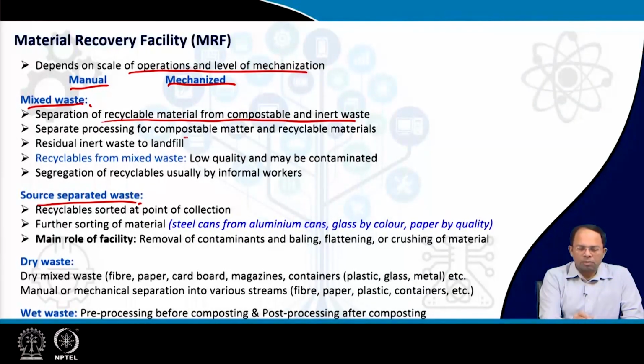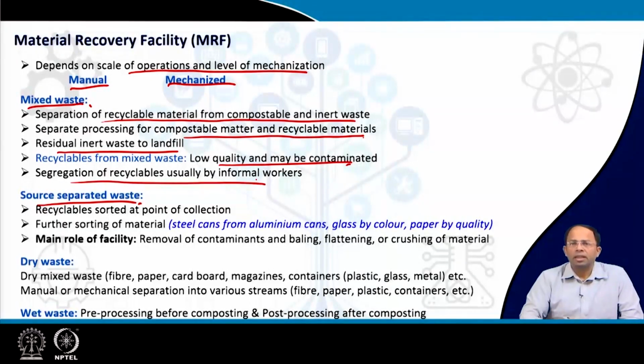Separate processing for compostable matter and recyclable materials. So, first we have to take out the recyclable materials and the compostable materials, and both go into different waste streams. The residual inert waste goes into the landfill, and recyclables from mixed waste usually are of low quality and may be contaminated, and segregation of recyclables is usually done by the informal workers.